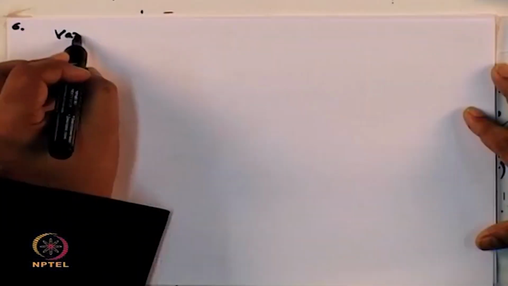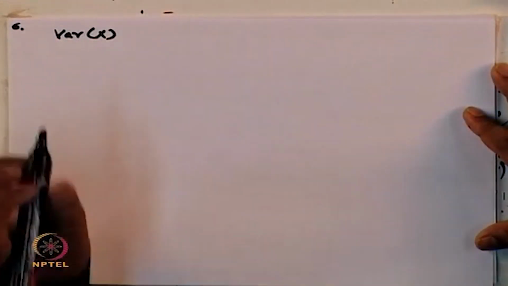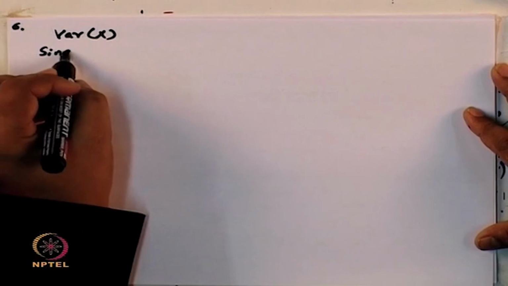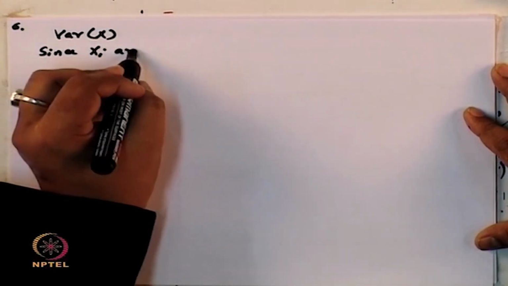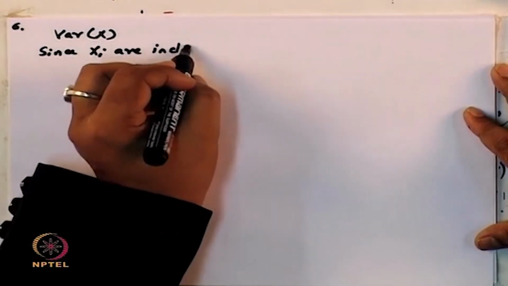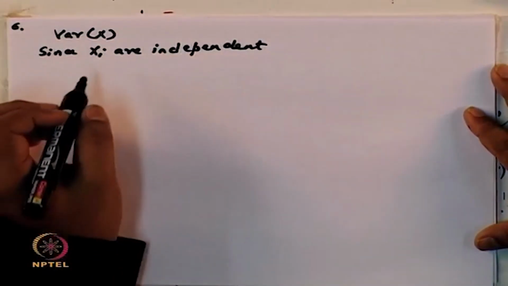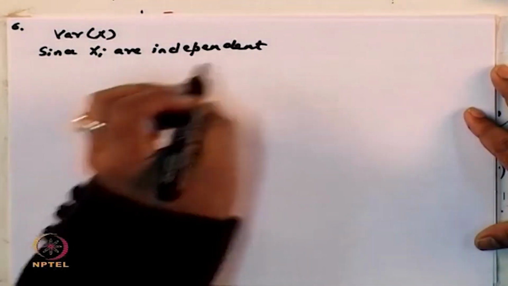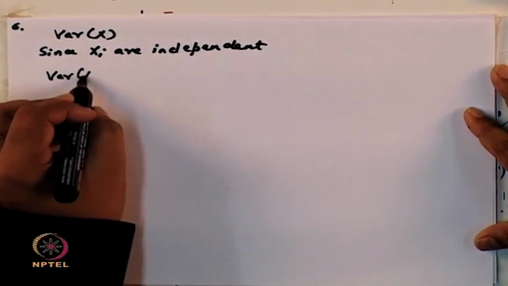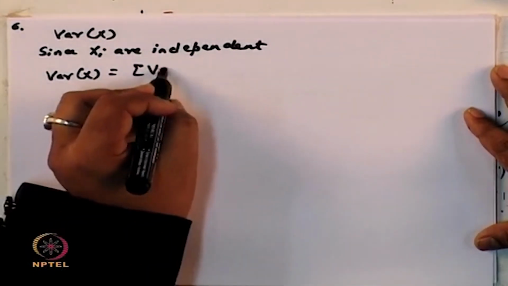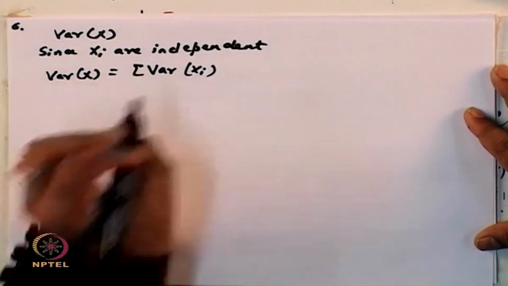So let us calculate the variance of X. Now since Xi are independent, I can write variance of X is equal to summation of variance of Xi.